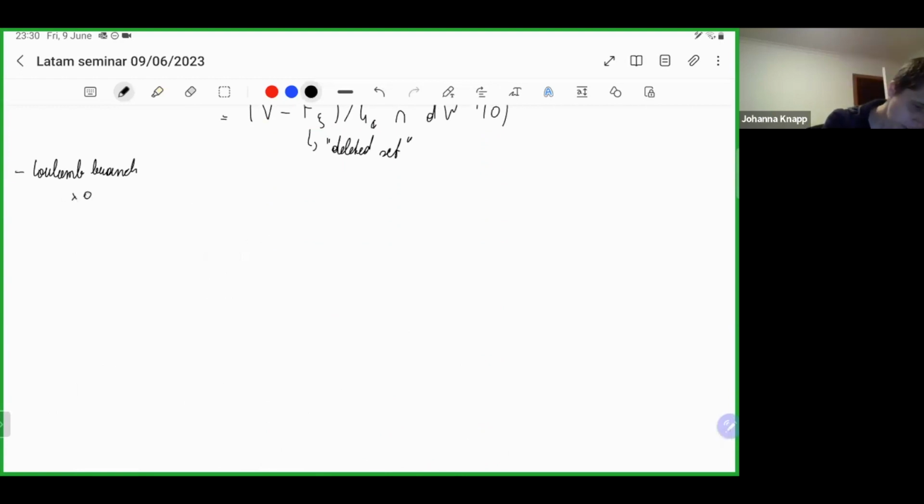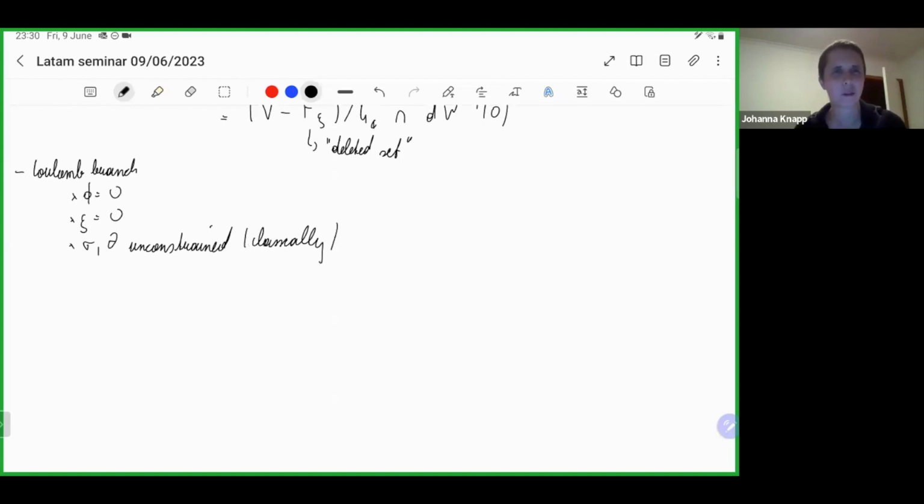So phi equals 0, zeta is 0, and sigma unconstrained. Classically. And typically, that's not something that we want to have for a good ground state of a theory. We don't want our field to be able to take any values at the vacuum. This is a really bad thing.